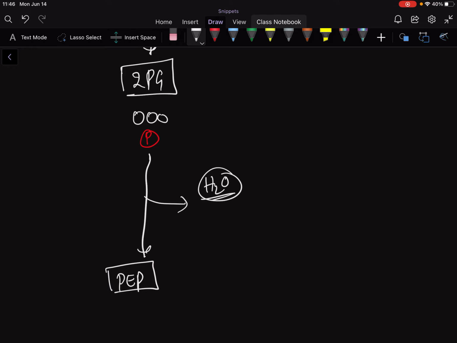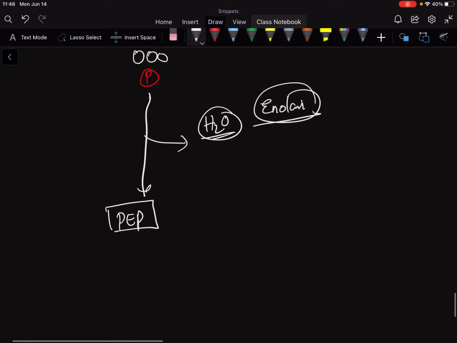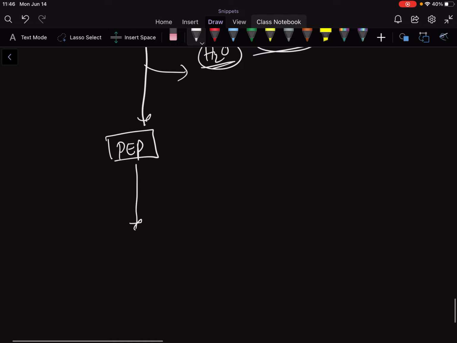PEP is formed, hence the enzyme here is enolase. So enolase removes the water from 2-phosphoglycerate, and if you remove water, you will form PEP. Okay, in order to remember this, I will be speaking like that. So PEP is formed, and PEP is a 3-carbon compound with phosphate on it.